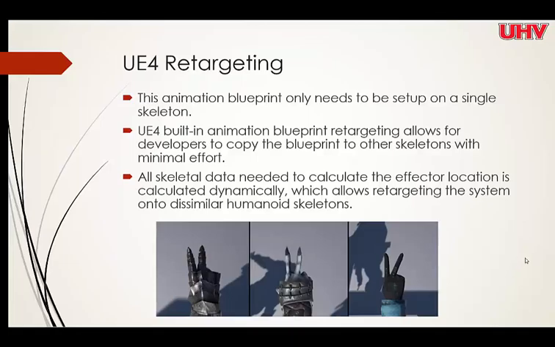Effectively, the only thing that the developer will have to do is, in their Persona, for each of the skeletons they have, set up the pairing between each major bone in the body, the hand, and the fingers of the two animations, basically the target skeleton and the source animation blueprint. Once that is set up, you can retarget the animation and just transfer it from one animated object to another animated object.